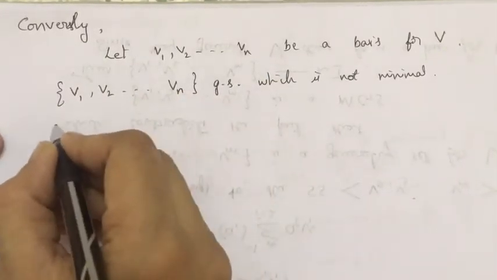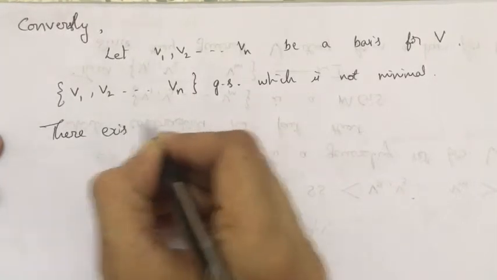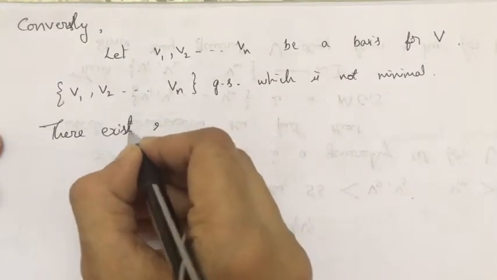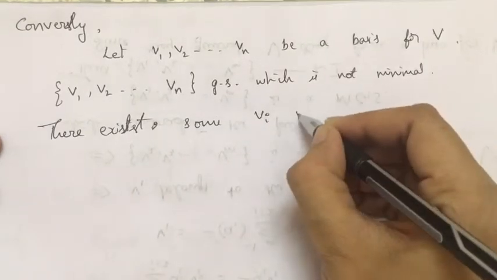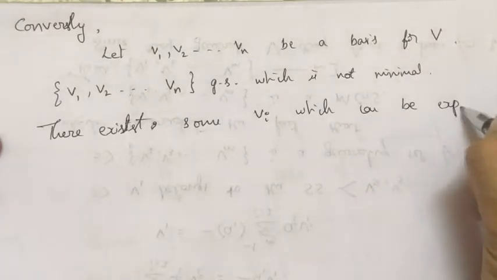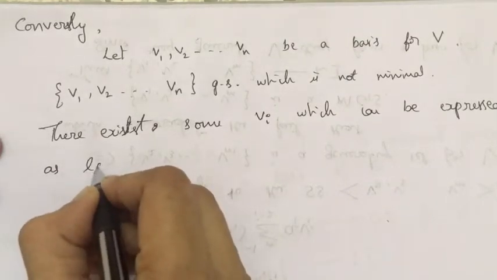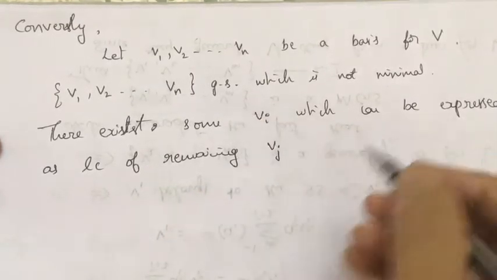Okay, which implies there exists some vi which can be expressed as a linear combination of the remaining vj's.